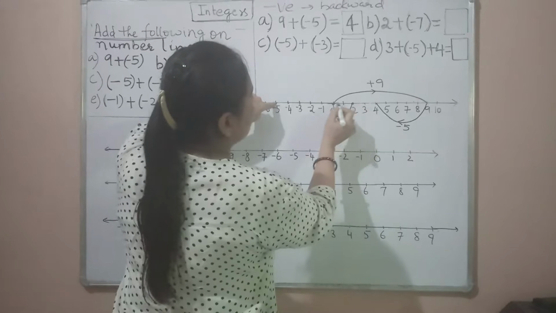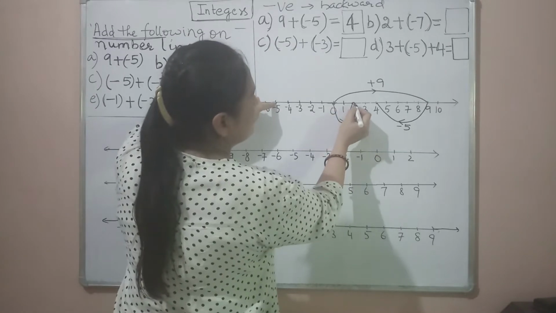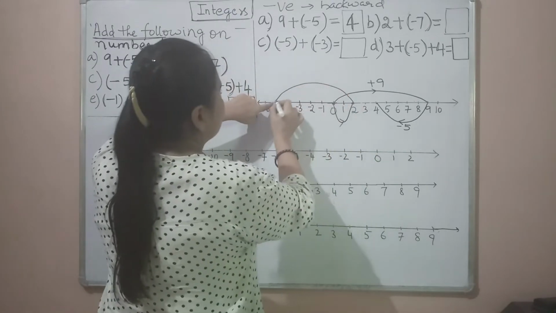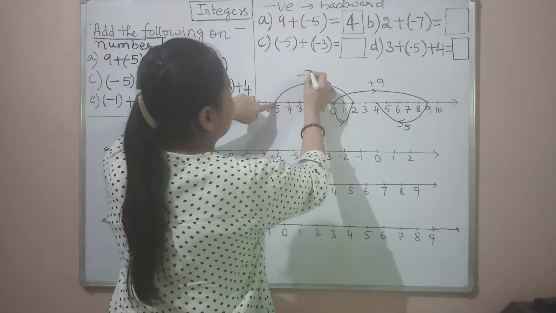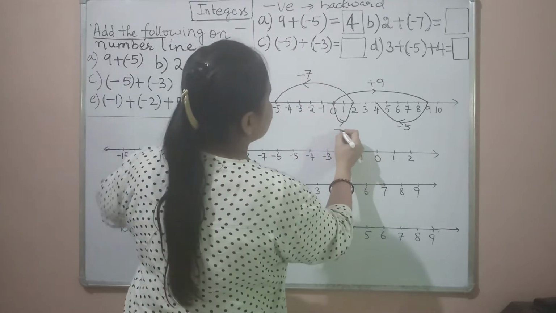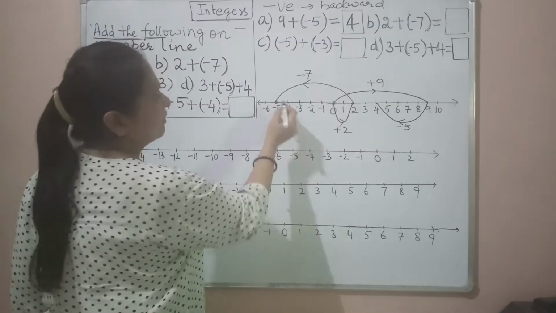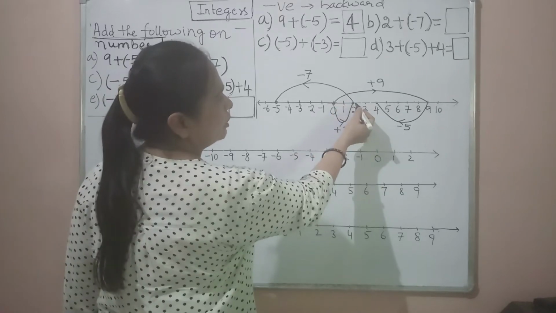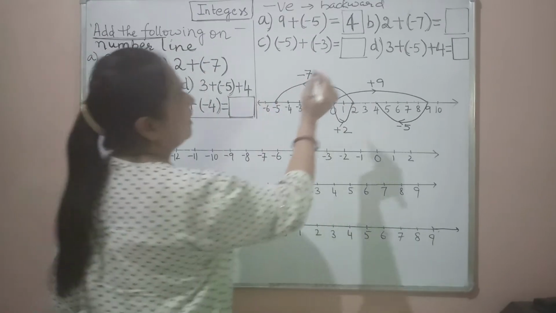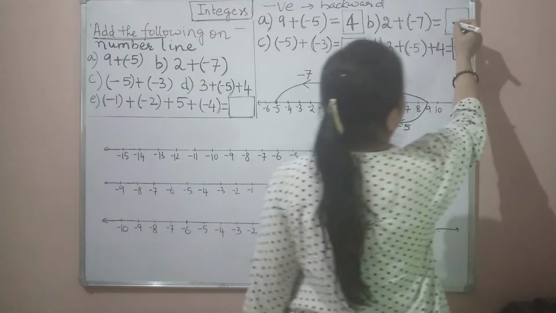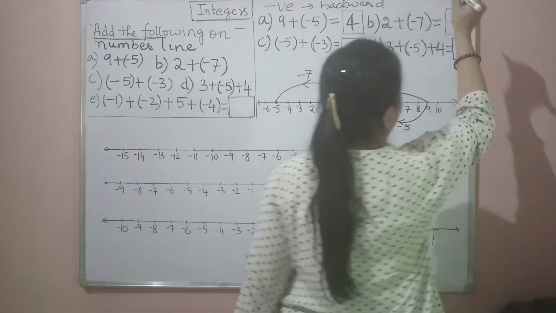We were at 0, we went to 2, from there we have minus 7. So this is plus 2 and this is minus 7, and we finally reached minus 5. The final answer is minus 5.